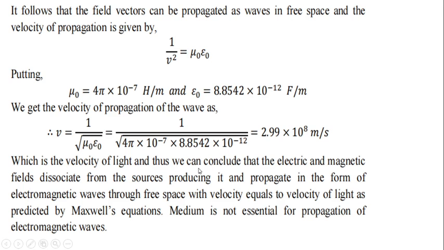Thus we can conclude that the electric and magnetic fields dissociate from the source producing them and propagate in the form of electromagnetic waves through free space with velocity equal to the velocity of light, as predicted by Maxwell's equations.